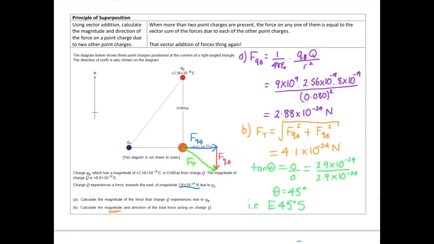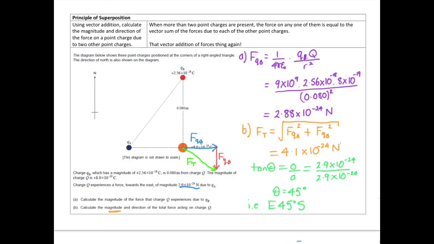Okay, so we actually know all three sides of this triangle now, so we could have used sine, cosine, or tan. I've just chosen to use tan because I think it works out simpler. So tan theta equals opposite over adjacent for this angle here. Those two numbers we just worked out before are basically the same if we go to two significant figures. So anything divided by itself equals 1, and you may even remember that the tan of 45 degrees equals 1, so we work out that theta equals 45 degrees.